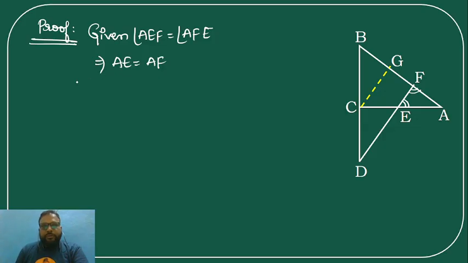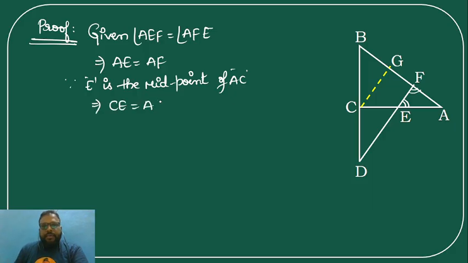And one more point we know from the given condition, since E is the midpoint of AC, I can write CE is equal to AE. So from these two equations, I can write CE is equal to AE is equal to AF. Let us name this as equation 1.